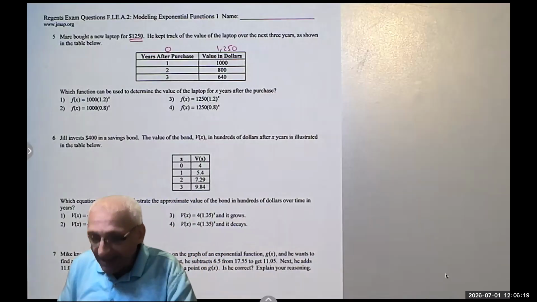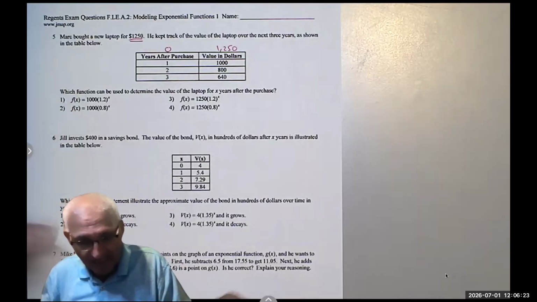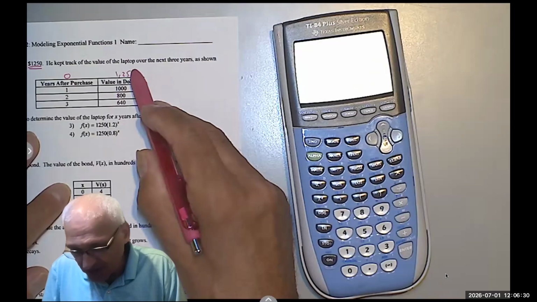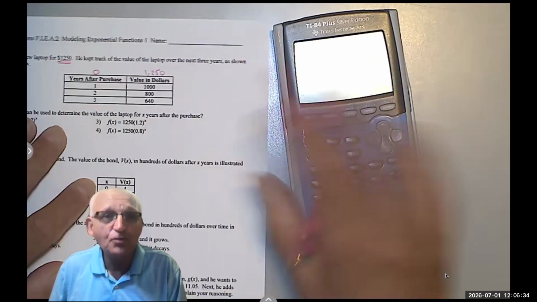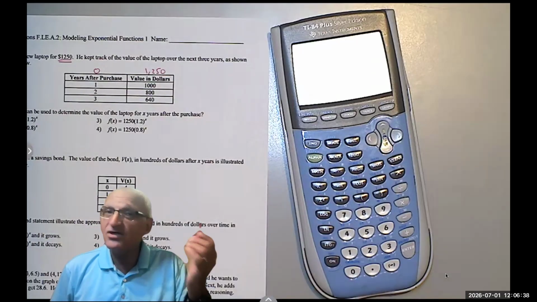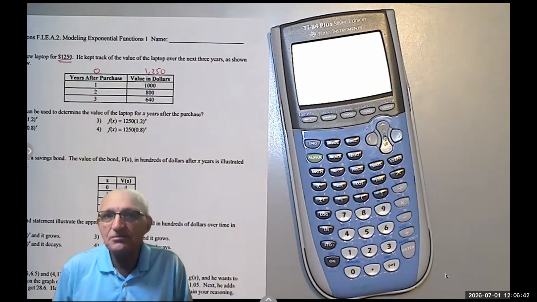But here, in order to know the percent growth or decay, I have to divide either time one value by time zero, or time two by time one, or time three by time two, preferably all of them, to see if the percent is the same. Because if it's not, it's not exponential.